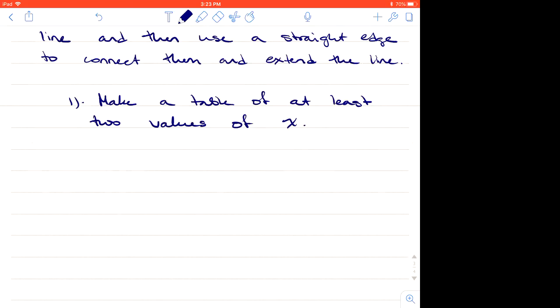You're allowed to pick whatever x you want, but I would suggest picking easy values of x, things that make your life easier. Because then you're gonna find the corresponding y values. Plug in the x that you picked into your equation for y and solve for y. So find the corresponding y values.